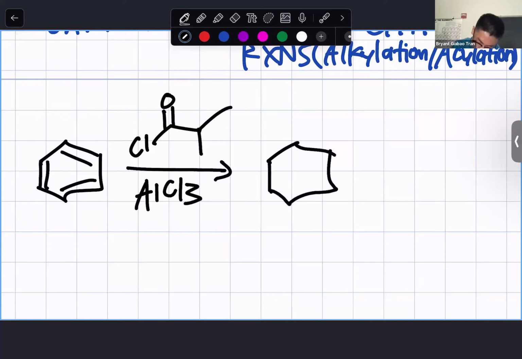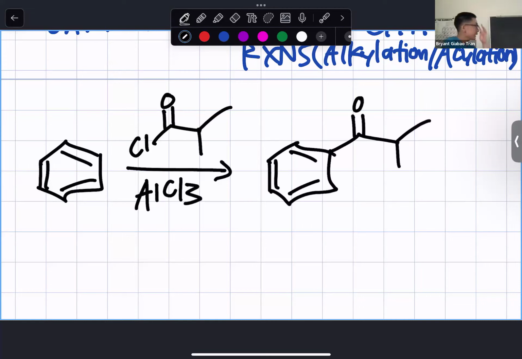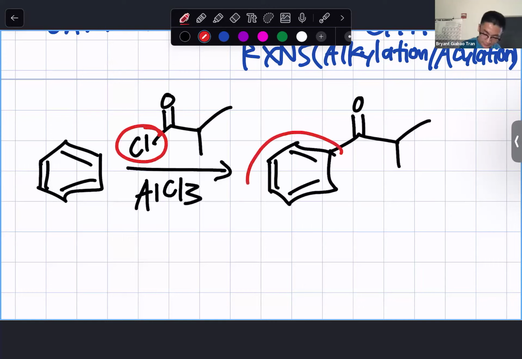Right? We are going to attach this group onto the benzene ring here. A tip that I like to do to predict these problems is look at the Cl and then substitute that with the benzene ring, right? Because that whole other group with the carbonyl stays the same, but it just substituted the Cl with the benzene ring here. Right?